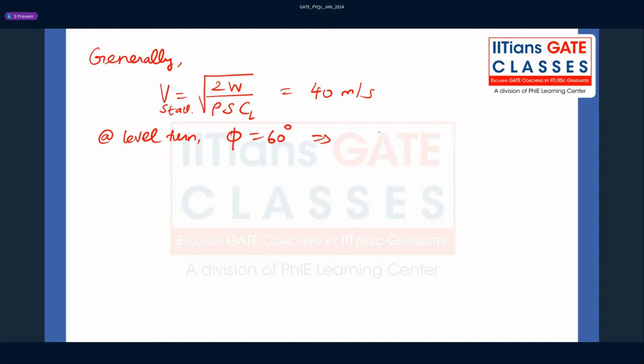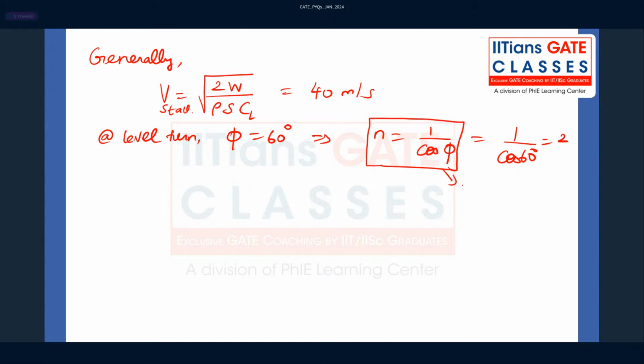From the formula, the load factor is simply 1 by cos phi, which is 1 by cos 60, which is equal to 2. You can refer to this formula in J.D. Anderson's Aircraft Performance. Please refer to that.